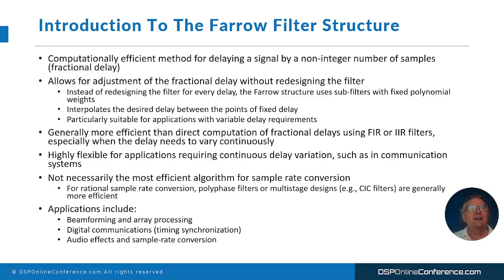So it's a very efficient solution when we need to vary the delay. For these types of applications, it's generally a much more efficient solution than using multiple FIR or IIR filters to handle lots of different delay possibilities.